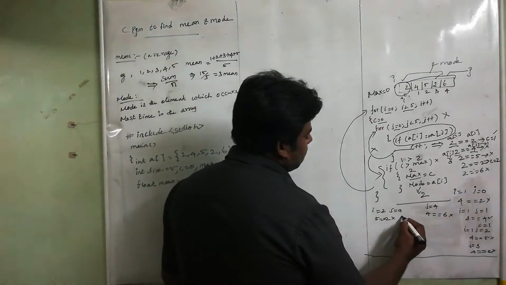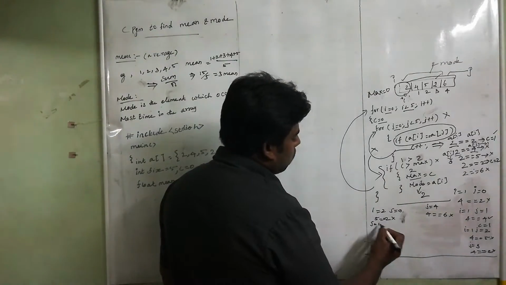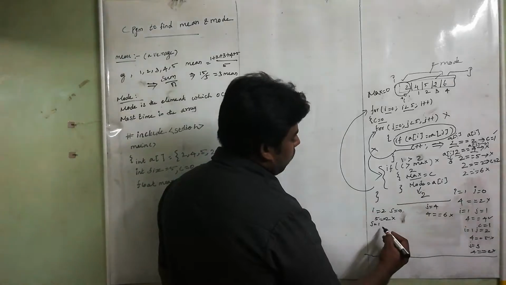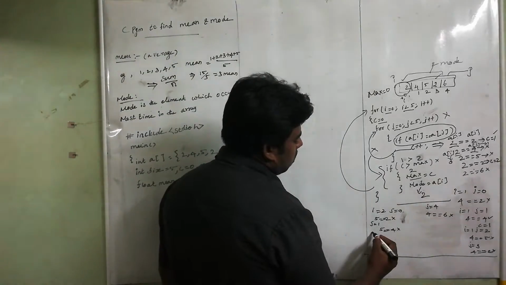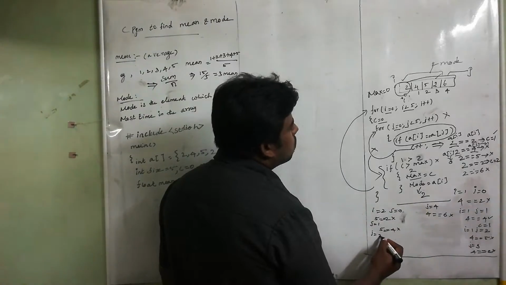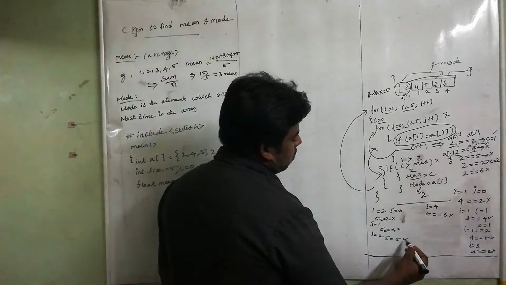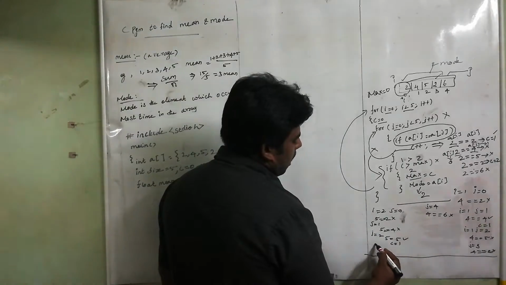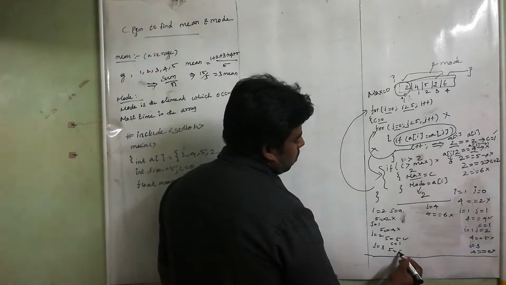False. Then what's the next step? J equal to 1. So now 5 equal to 4. Again false. Now j equal to 2. So 5 equal to 5. True. Now c equal to 1. Again j value equal to 3 means 5 equal to 2.